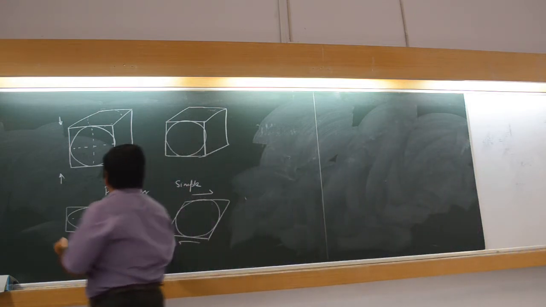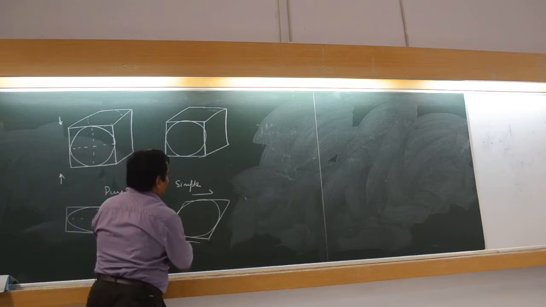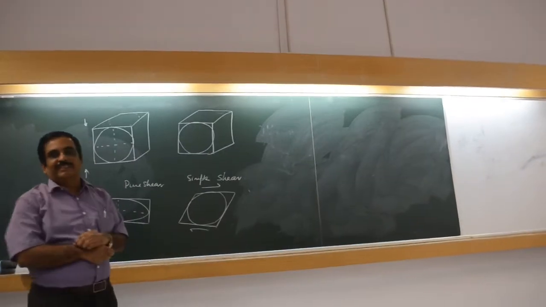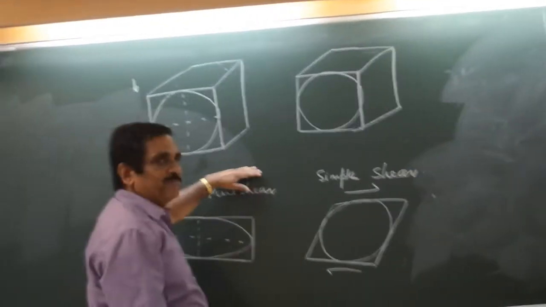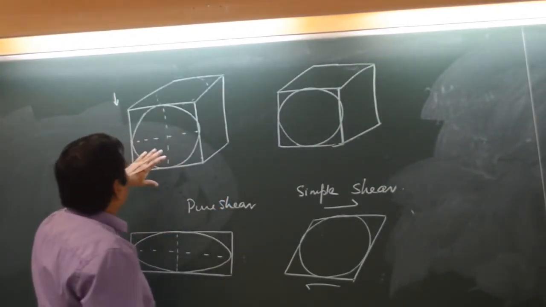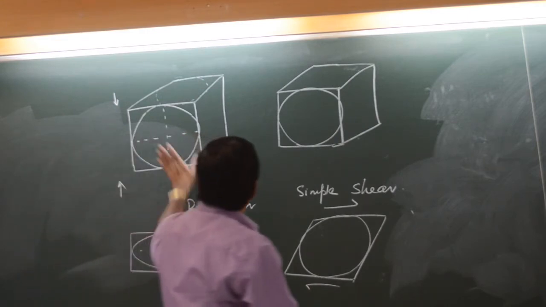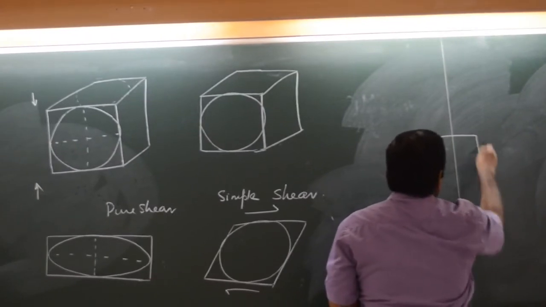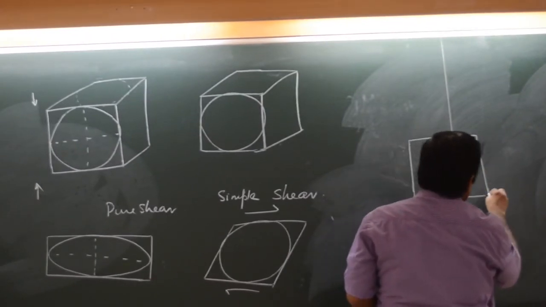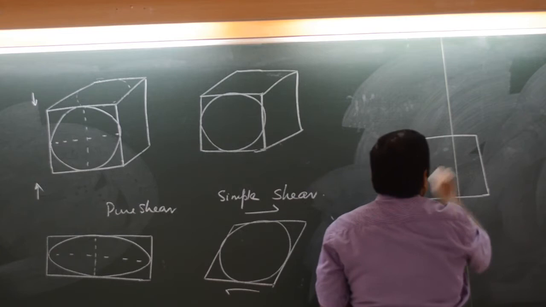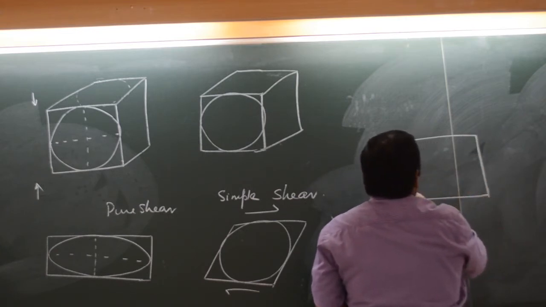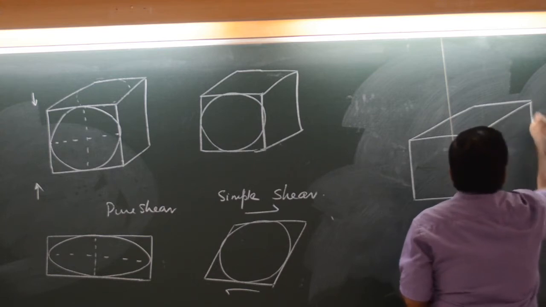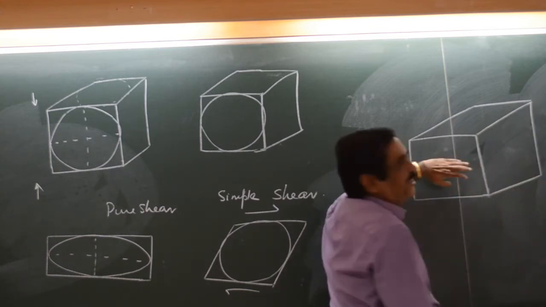So now we are left with these two things, pure shear and simple shear. In this case, first imagine this case. Is it okay now? It's not becoming complicated in your understanding. Just imagine there is a sphere inside.